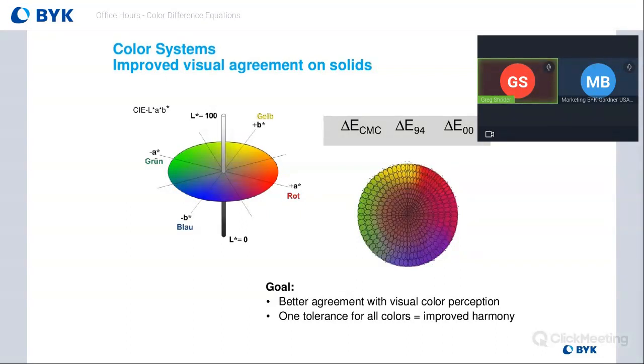Typically, I could take the politics out here and say that could be a personal choice, but we think that using the latest and greatest is always the best way to go. Where it starts to become more of a discussion is if you have a lot of historical data that you tend to refer to and you don't have a way of going back and looking at all those things, then maybe it's something that you want to consider. But again, these are tolerances used to correlate with visual evaluation. So if you're making a finished product, take advantage of the latest and greatest equations.